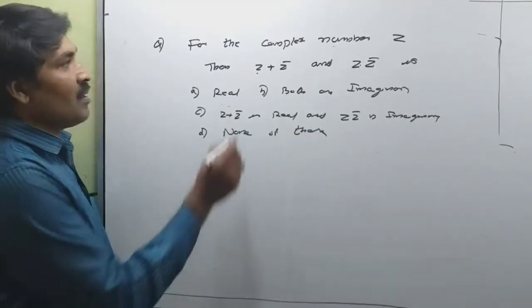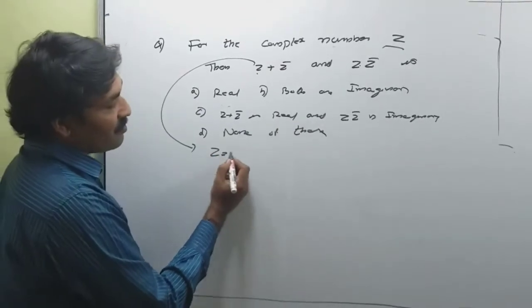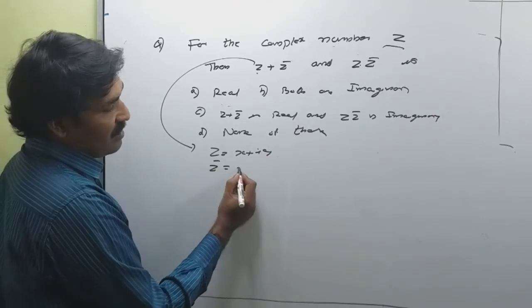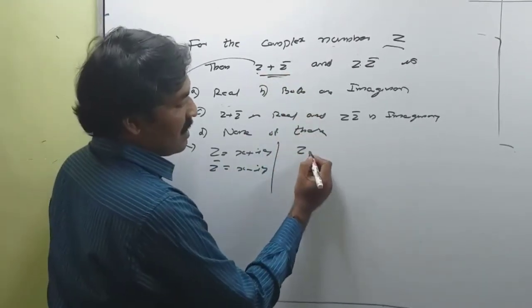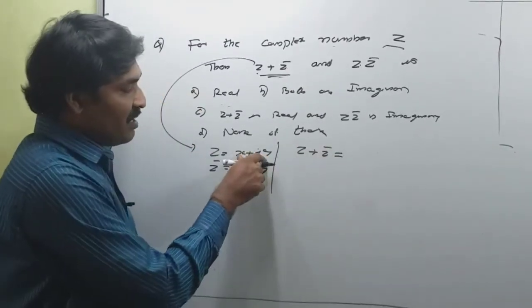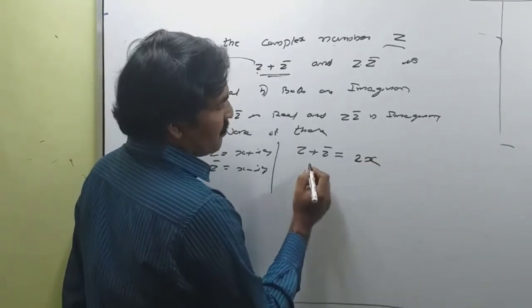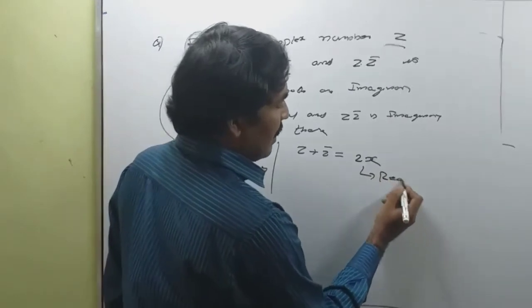Now z is a complex number, so we can write z is equal to x plus iy. Then its conjugate is equal to x minus iy. So z plus z bar is equal to x plus iy plus x minus iy, that is equal to 2x. This is real.